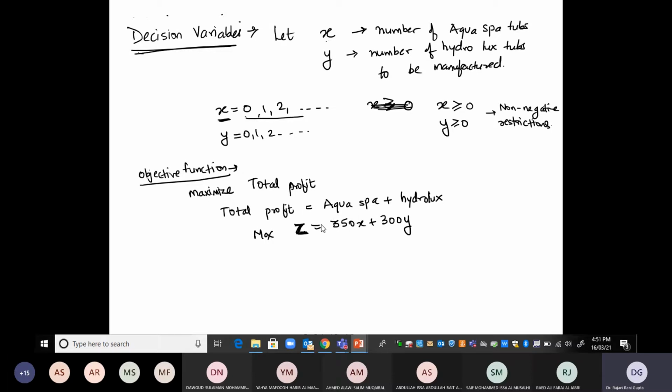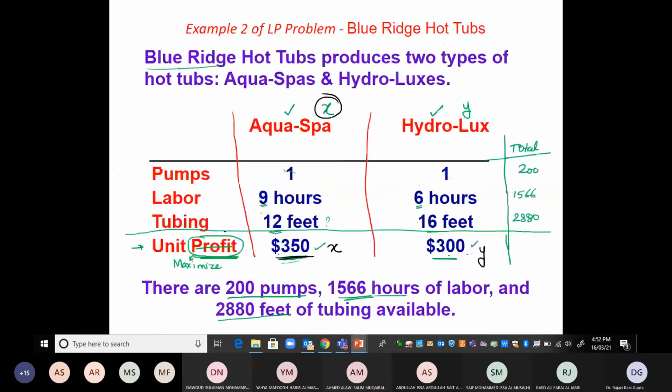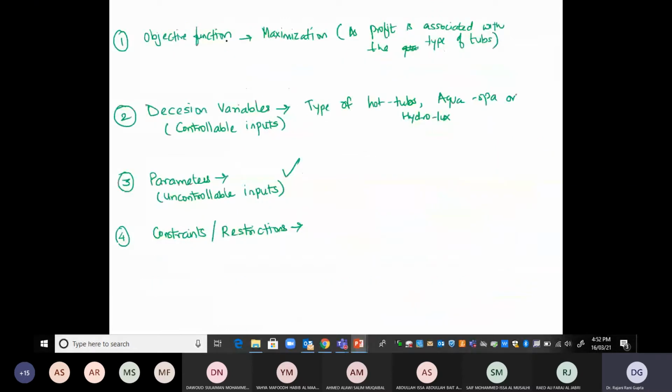Remember that we will have only one objective function. You cannot have more than one objective. This is done. Decision variables we already decided, parameters we know. Now we have to use these parameters and restrictions to form the constraints.